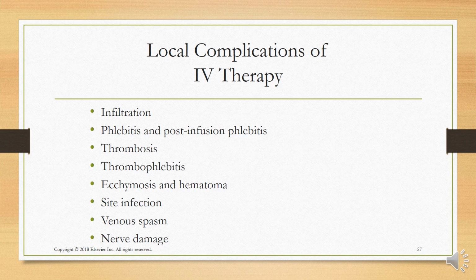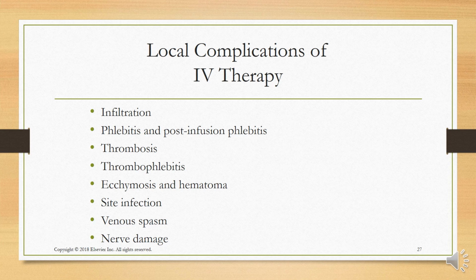So what can be some problems locally of IV therapy? Of course, you can always have infiltration, phlebitis, and post-infusion phlebitis. What are some meds that can cause phlebitis? Well, it seems like we're talking about potassium a lot. That's one. Thrombosis. You can have thrombosis or thrombophlebitis. Ecchymosis and hematoma, which is bruising and blood under the skin.